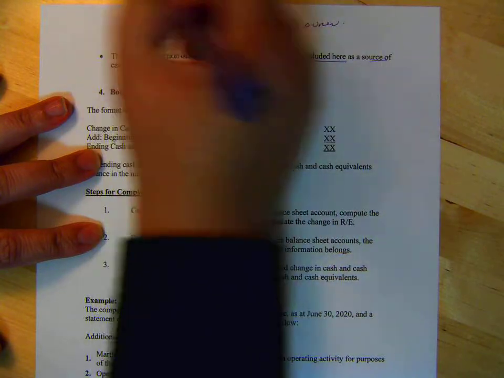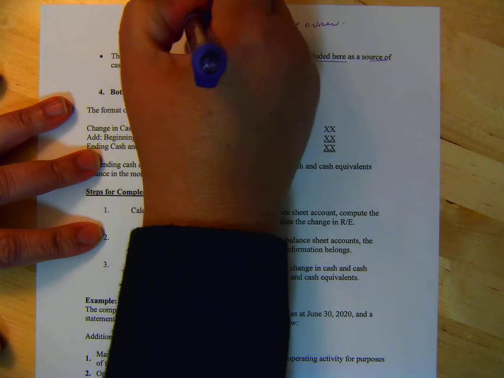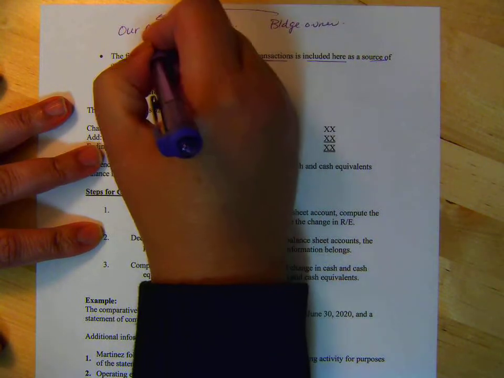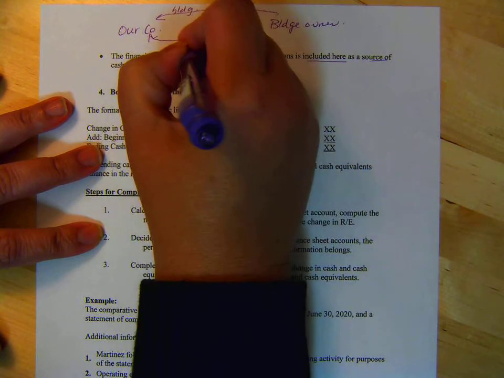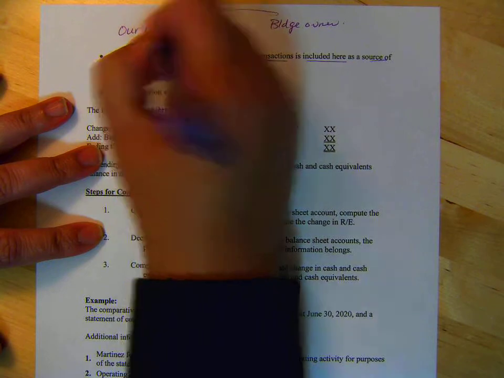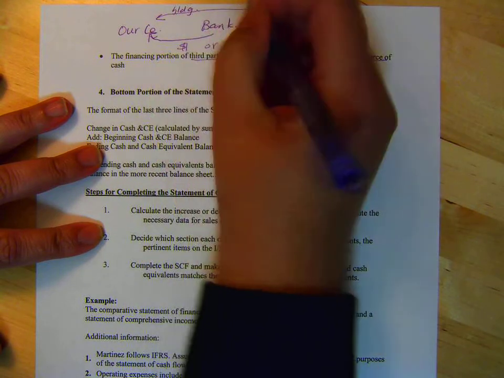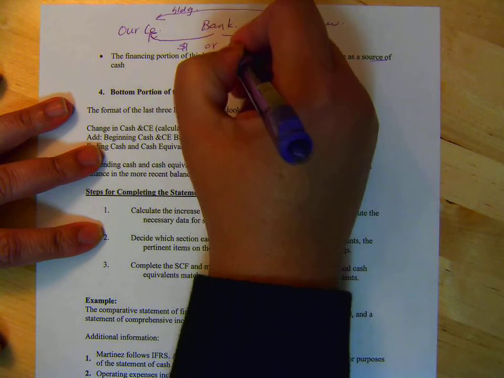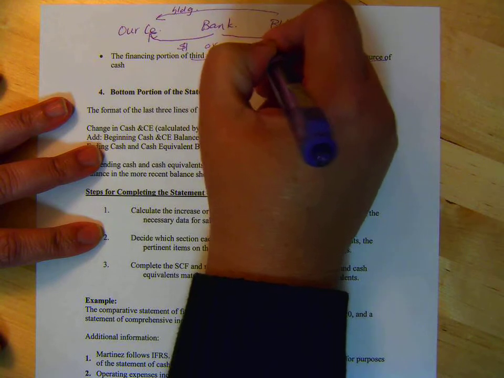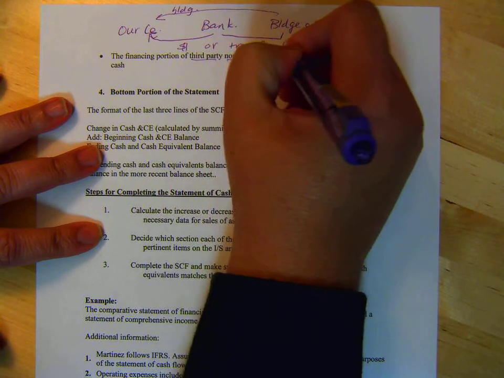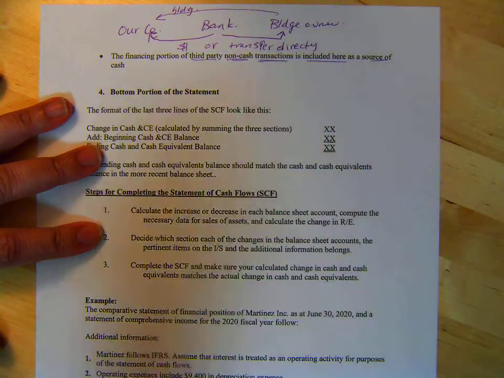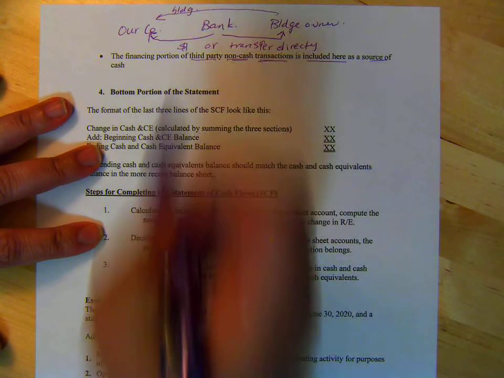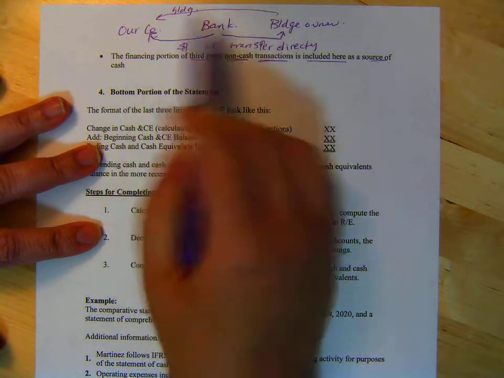We would get the building. The bank would give us the money, or transfer directly to the building owner. Either way, you notice there's 3 people involved.